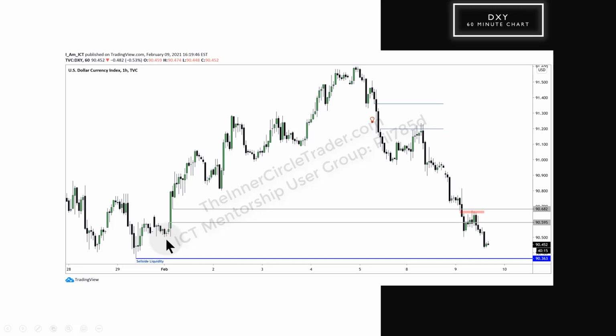Okay, it's like an area where everybody's eye would go to if they wanted to put a stop loss in. Okay, my eyes jump to this area, and over time yours will too. That's a liquidity pool. Now, if we go below that, what's to the left of it? This old low.